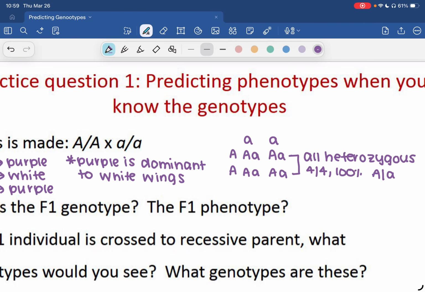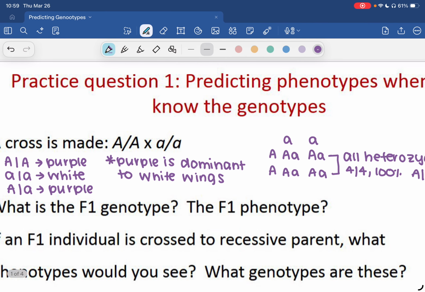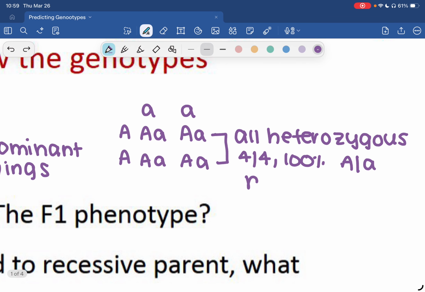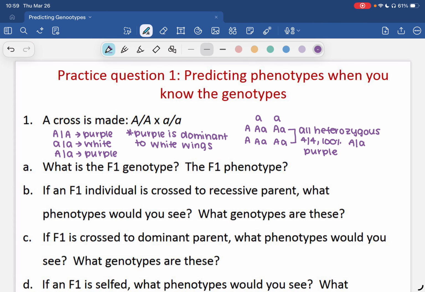It's also asking for the phenotype. So remember that we said that purple is dominant to white. So in this scenario, here's our heterozygous individuals. So they would all be white. Oh, excuse me, they'd all be purple, my bad. They'd all be purple. Okay, so that's the first question.